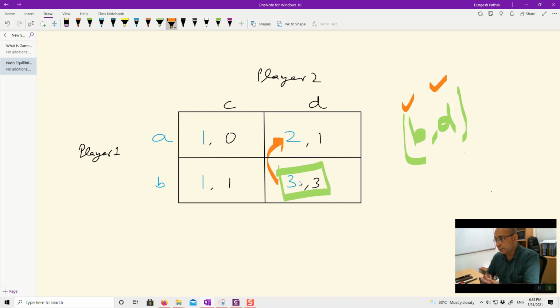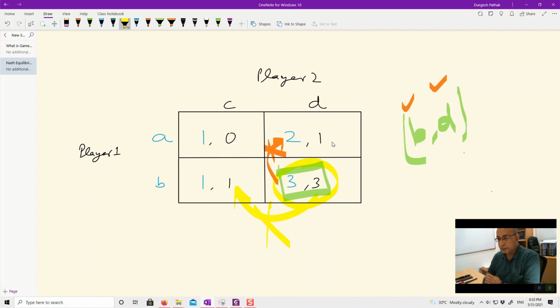That's a reduction in his payoff, so that's not a good idea. What if player 2 says, I will not play D, rather I will play C? Then he will move from 3 to 1, and that's not profitable, so this is not working. It means this 3, 3 is the maximum payoff he is getting.